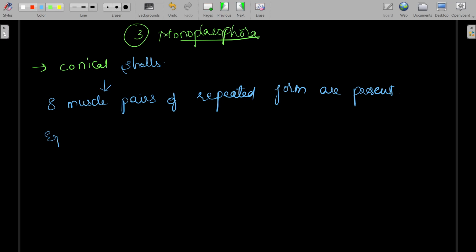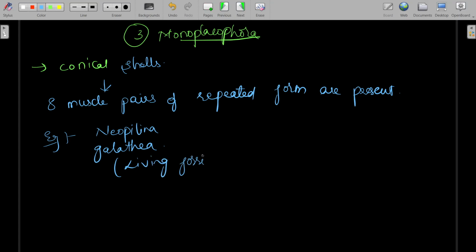The example of Monoplacophora is Neopilina. Next, Galathea. This Galathea is a living fossil.